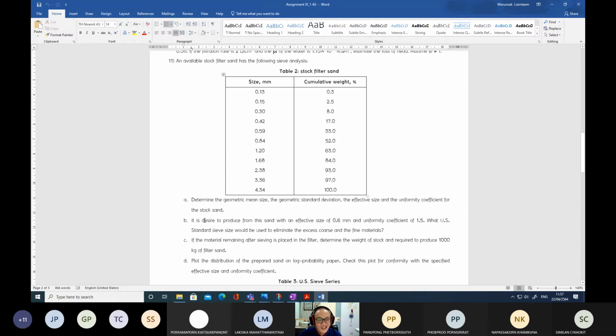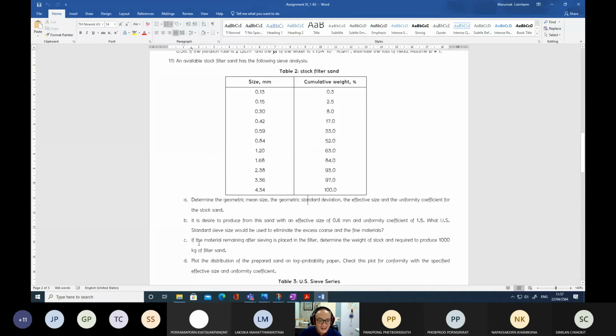And the second question is, if you want to take this sand and use it as filter media, your criteria is an effective size of 0.6 and a uniformity coefficient of 1.5. So what will be the standard size we have to use, and at what size do we have to remove?